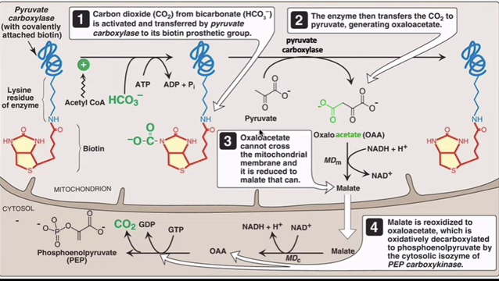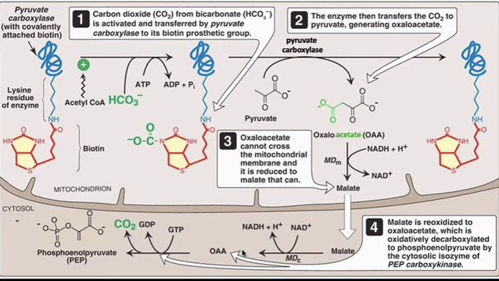For that matter, you want the substrate pyruvate in the mitochondria. It's the product of glycolysis, but it's pumped into the mitochondria to be used as a precursor to drive the citric acid cycle, or in this case, to replenish citric acid cycle intermediates, such as oxaloacetate. So not only is oxaloacetate a citric acid cycle intermediate, but also it can be exported from the mitochondria and used as a precursor in gluconeogenesis.